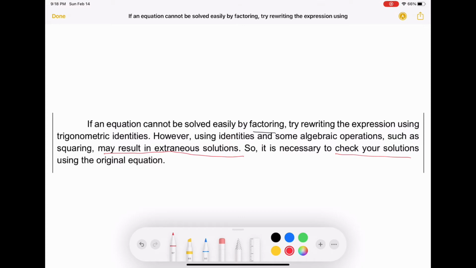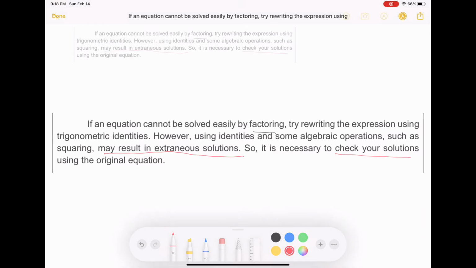Basically, if we use an identity in simplifying or factoring the given equation, if ever we have to cancel out some trigonometric expression, then for sure, the final answer contains an extraneous solution, which we need to check all of these solutions with the original equation.